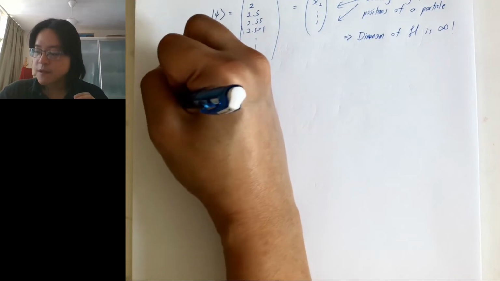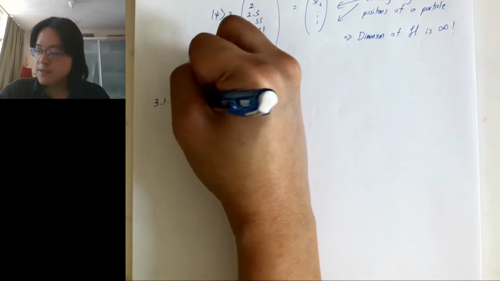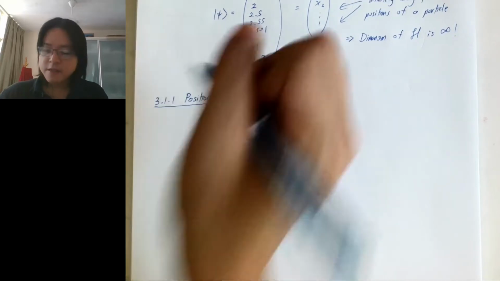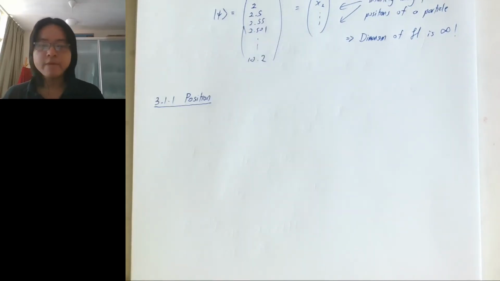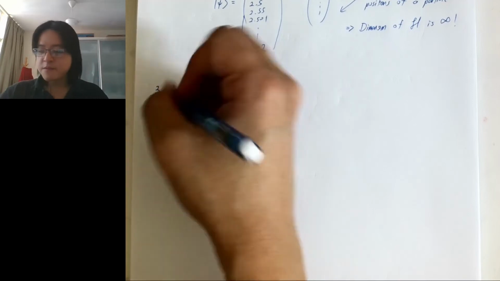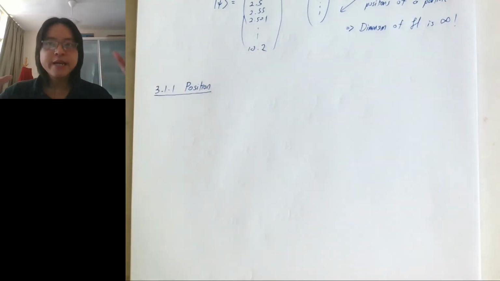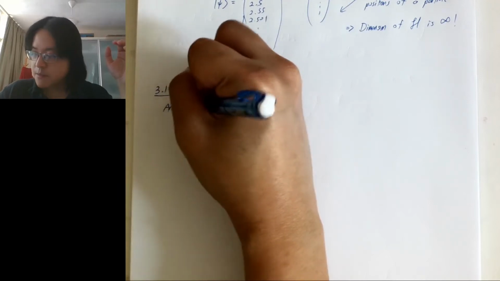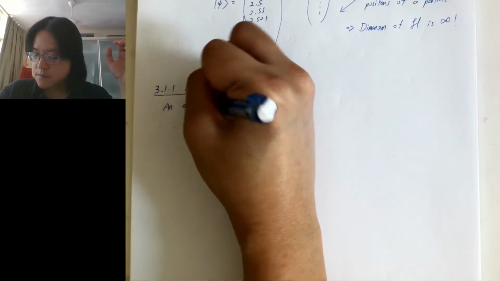So let's start with position. Okay, so this is the first section. How do we deal with position? Let us write everything down from the beginning of what we know very carefully. Like I said, it is an observable, right?